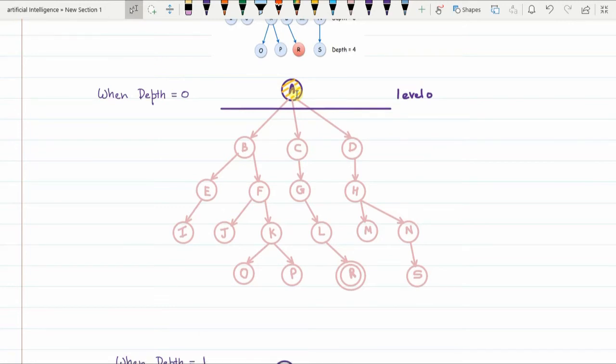Because of this requirement of expanding A further, we go to the second iteration where the depth limit increases by 1. In the next iteration, only that part of the state space till level 1 will be visible.